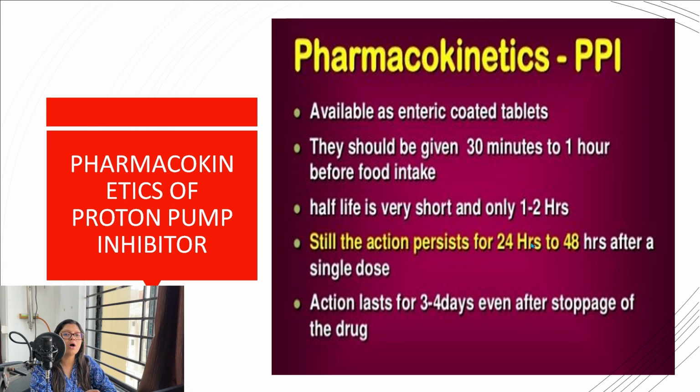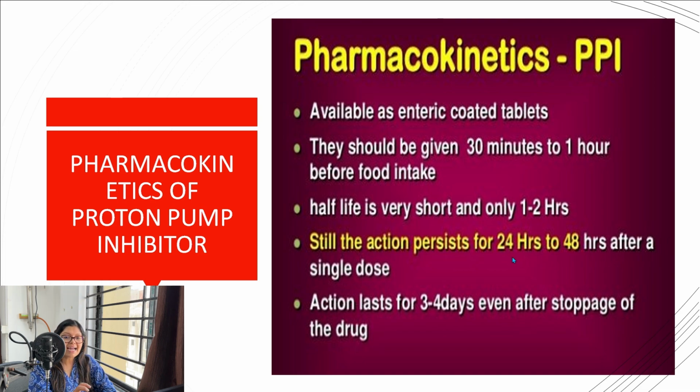Basically the available form is enteric coated drugs, and they should be given 30 minutes to 1 hour before your meal. Usually the half-life of these drugs is very short, around 1 to 2 hours.